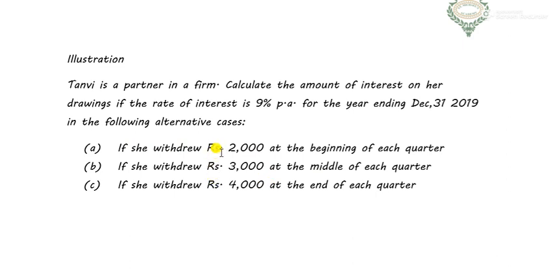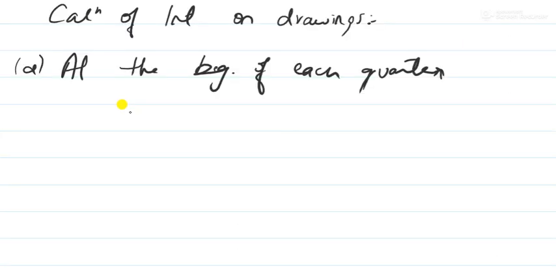Means Tanvi is withdrawing money four times in a year in all the cases. First, she withdrew in the beginning of each quarter. In the second case, she withdrew in the middle, and in the third case, in the end. So let's calculate the interest on drawings.